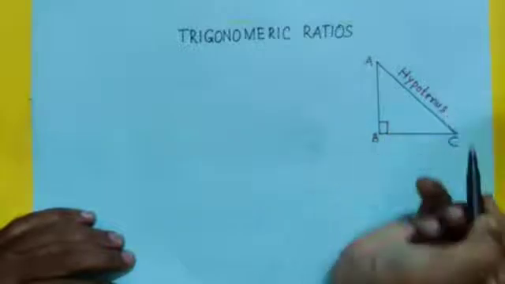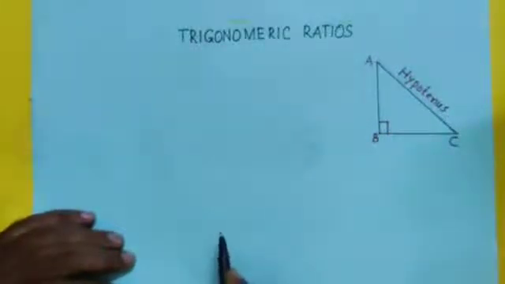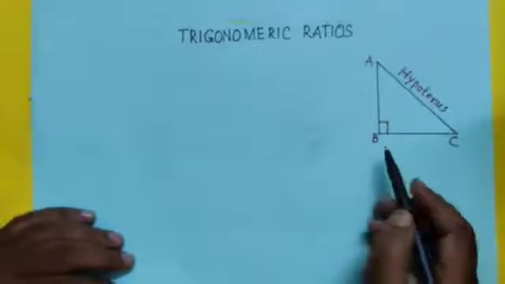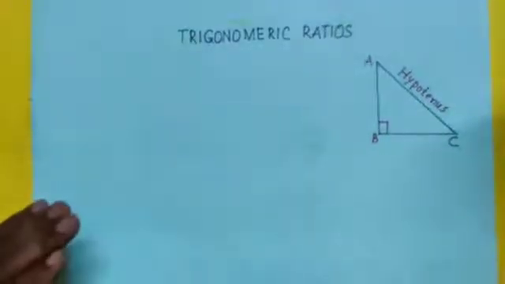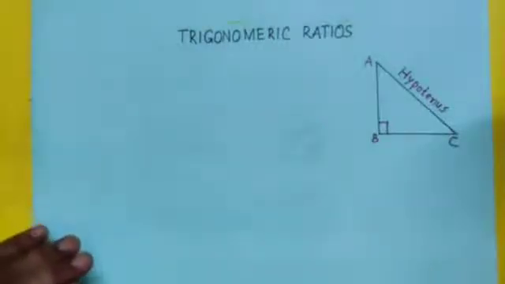As per our trigonometric ratios, the remaining two sides are the opposite side and the adjacent side.